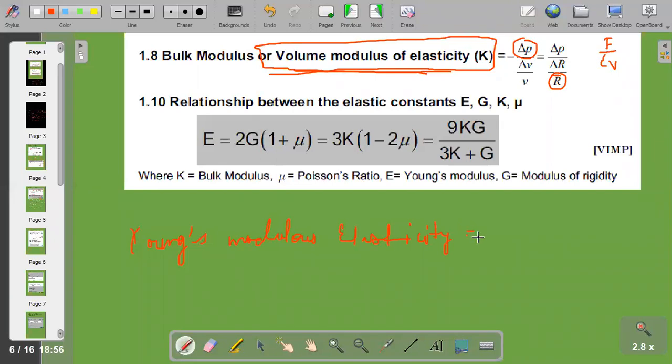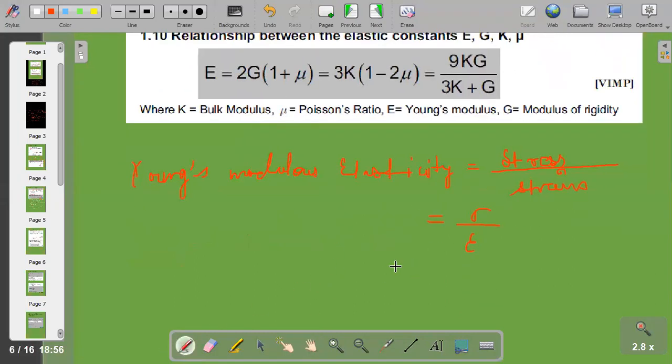This is given by stress upon strain. How do you denote the stress? By sigma, P upon A. E is stress by strain. What is the formula for stress?